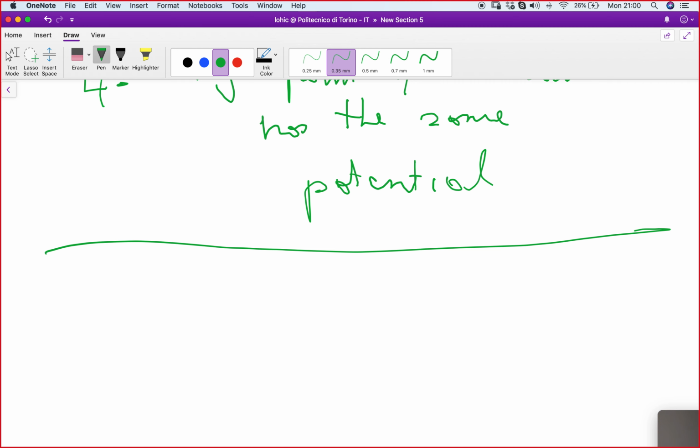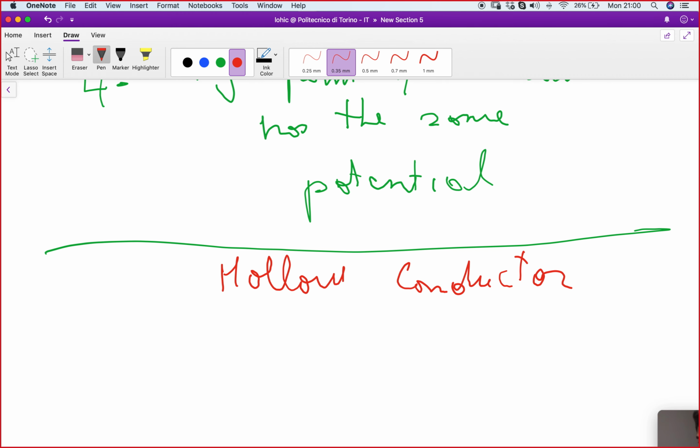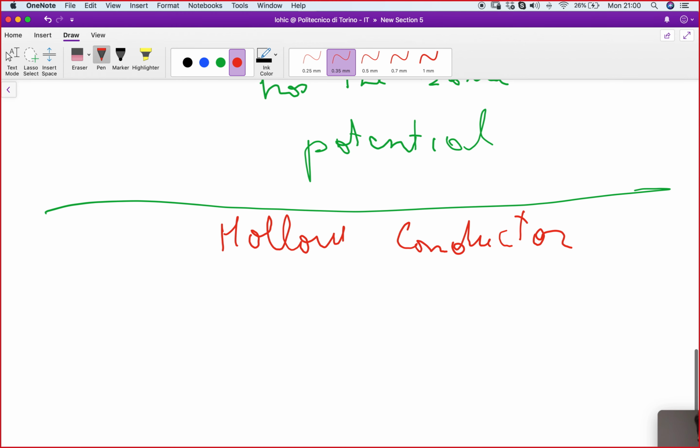Now we conclude our lecture by talking about the hollow conductor. Hollow conductors are conductors with a cavity, like when I give you a conductor like this one.